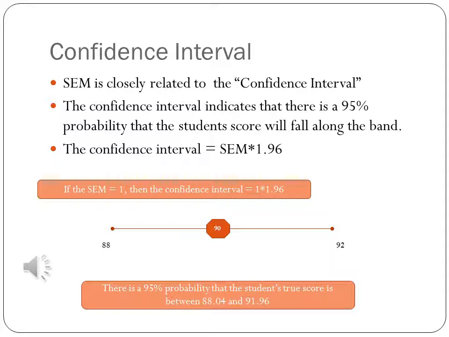So if the standard error of measure is 1, then the confidence interval is 1 times 1.96. Therefore, the confidence interval is 1.96. In this case, with a score of 90, there's a 95% probability that the student's true score is between 88.04 and 91.96. As you can see, they're similar constructs.